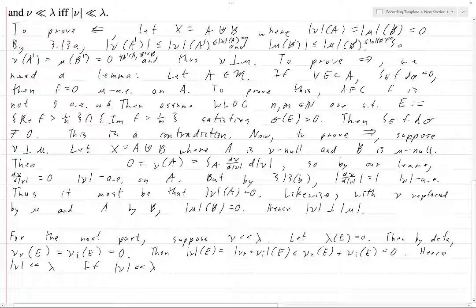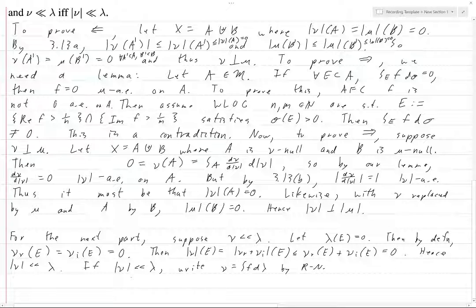Conversely, if we know this, write nu equal integral of f d lambda by Radon-Nikodym, because we've got two positive measures.